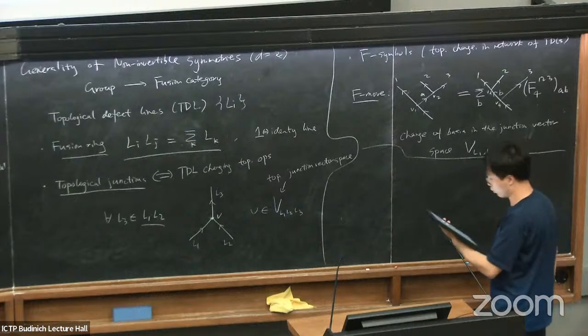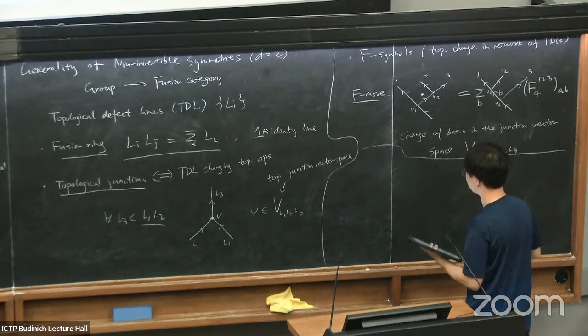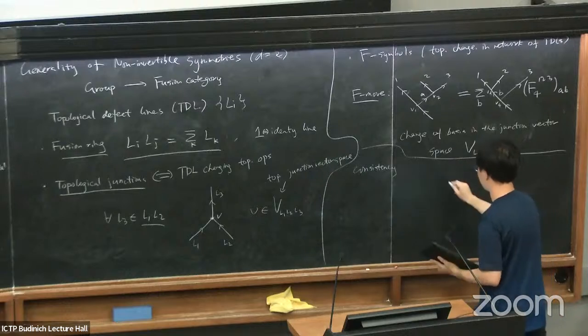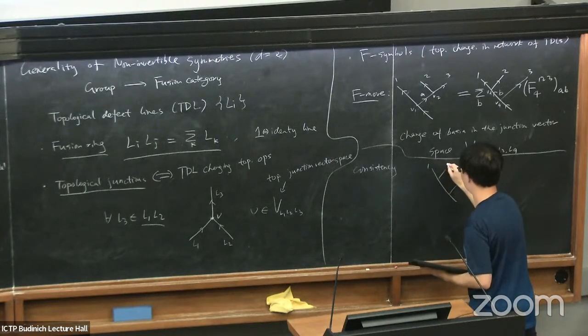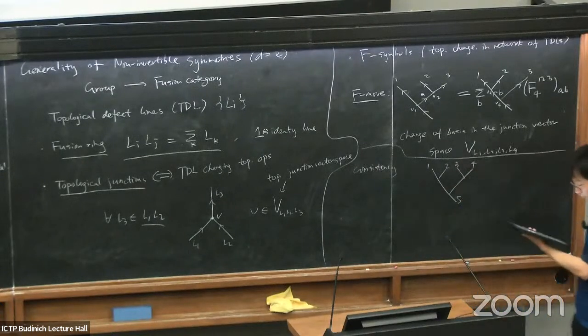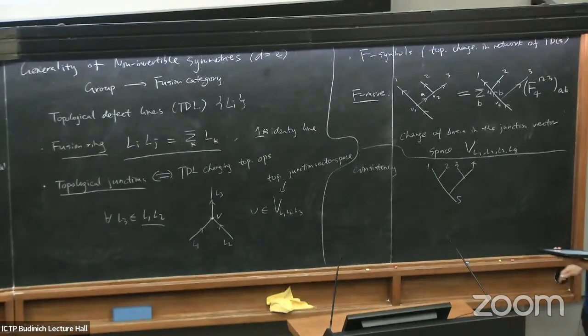And here we can be more explicit and recall where the consistency condition comes from. The consistency will come from looking at a five-fold junction, so it's a topological junction involving 5 external legs. For simplicity, I'll not keep track of the arrow.